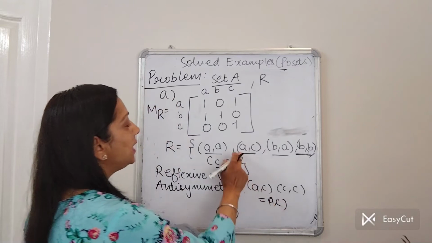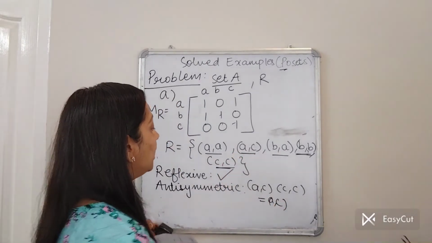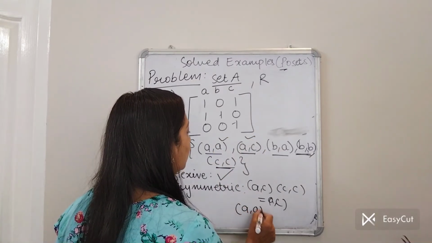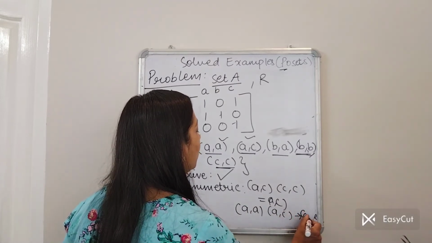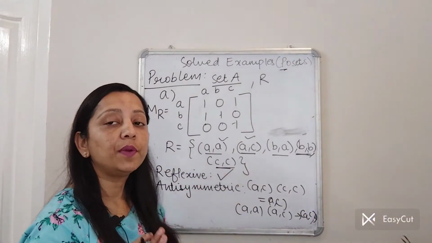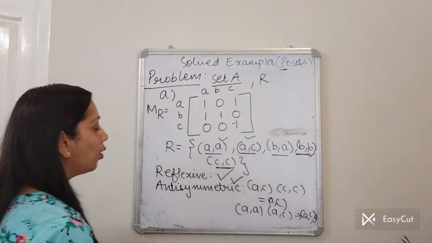So obviously AC exists here, and we know we cannot repeat the elements of the set. Similarly, if I take these two ordered pairs AA and AC, then again AC must exist, which exists. So again, since I cannot repeat the elements of the set, for every ordered pair AB and BC, AC exists over here. So this is antisymmetric also.